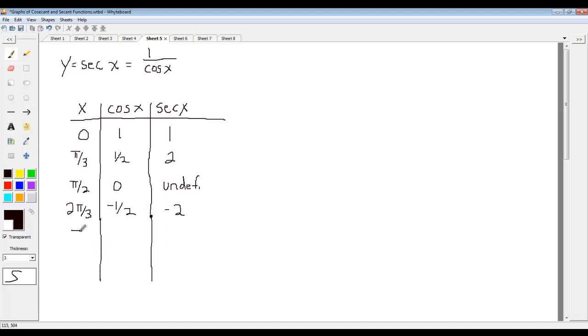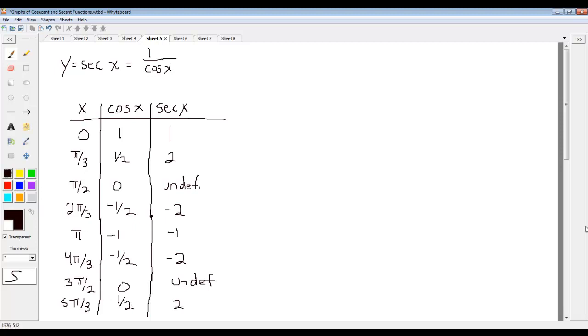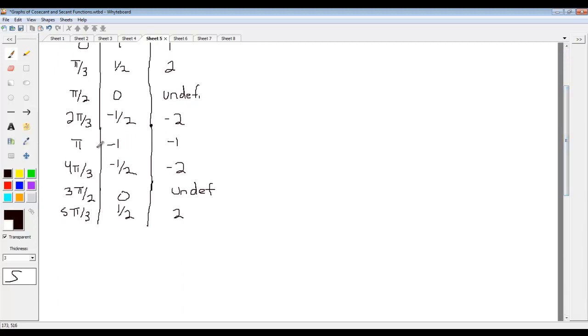At pi, cosine's negative 1, secant's going to be negative 1. At 4 pi over 3, cosine's negative 1/2, secant is negative 2. At 3 pi over 2, cosine is 0, secant's going to be undefined. At 5 pi over 3, cosine is 1/2, secant is 2. And at 2 pi, they both turn out to be 1.